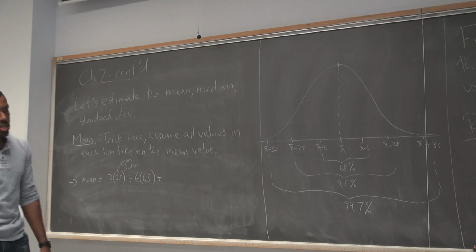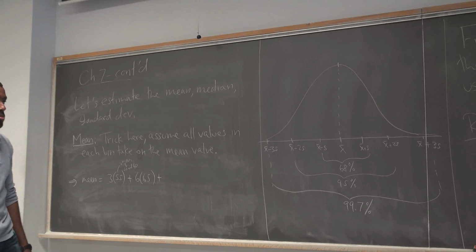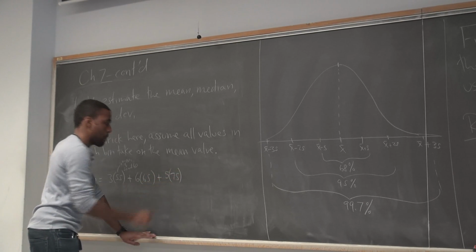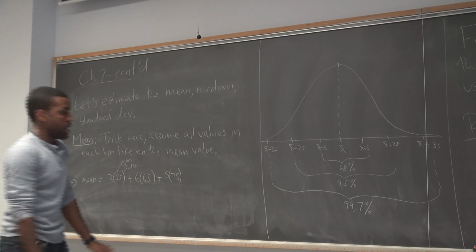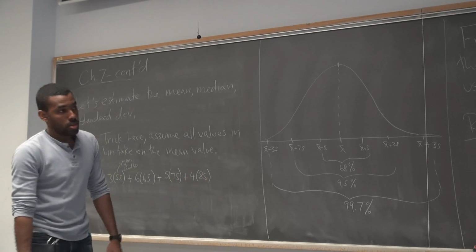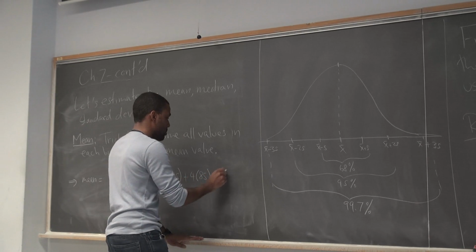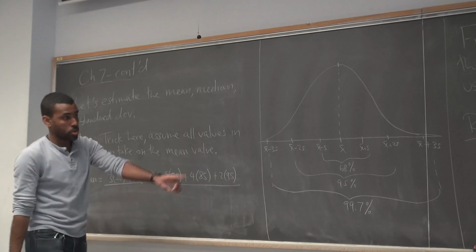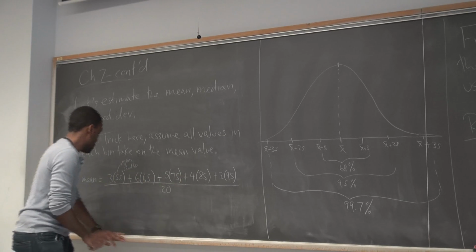In the next bin, what's the average number? 75. How many of those do I have? I have 5 75s. I have 4 85s. I have 2 95s. All of that over the total, which I now know is 20.